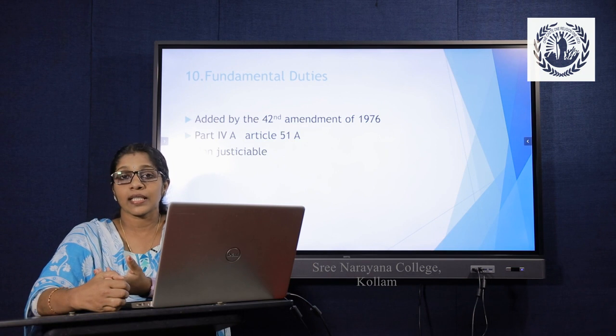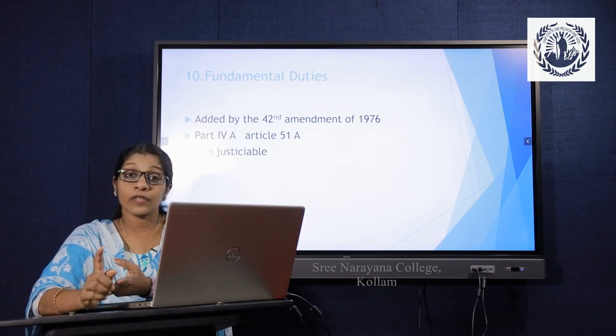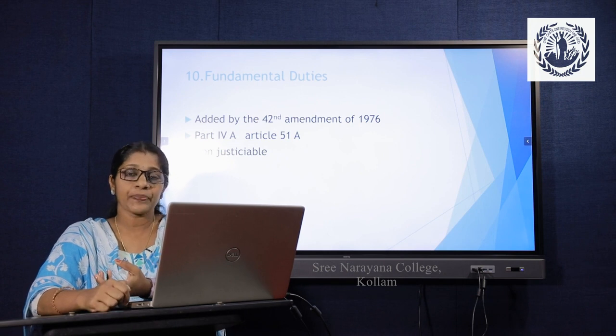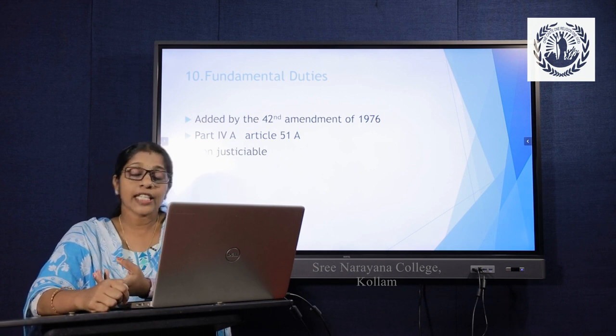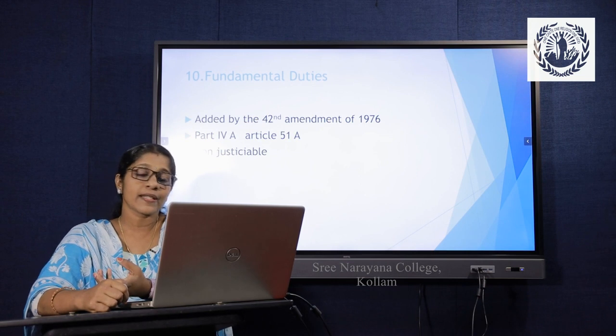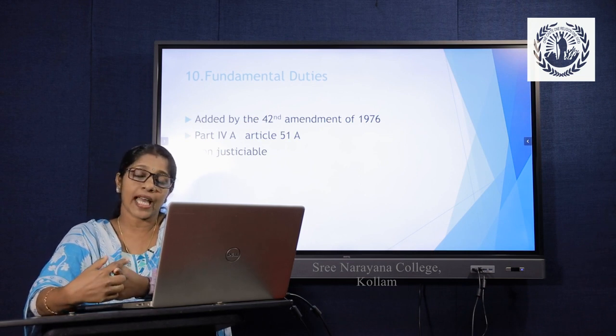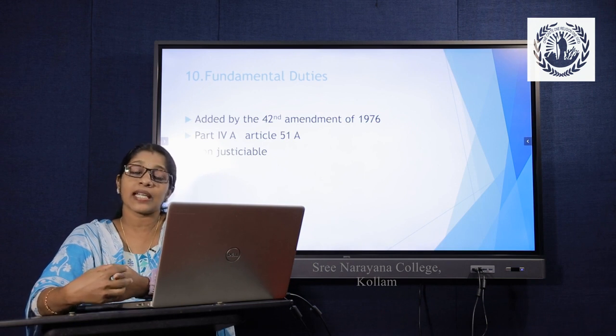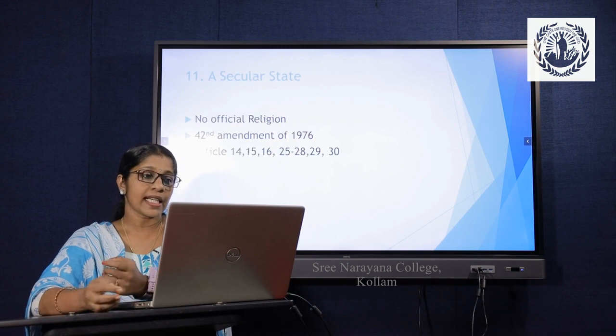It is in Part 4A of the Constitution and included in only one article, that is 51A. And later in 2002, on the basis of the 86th Constitutional Amendment Act, one more fundamental duty was added to our Constitution. So we have 11 fundamental duties now, and it is non-justiciable in character.